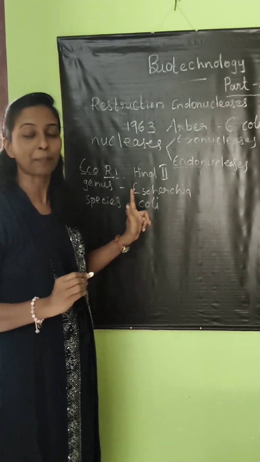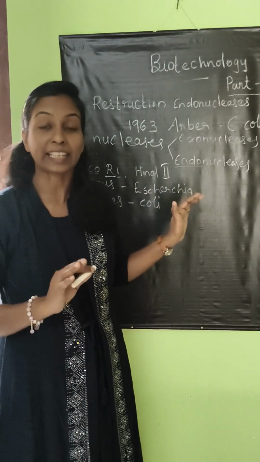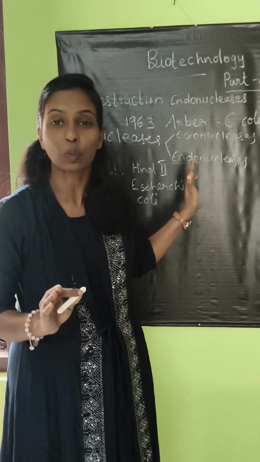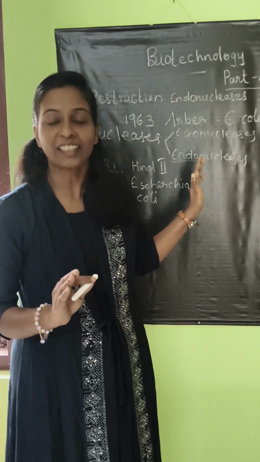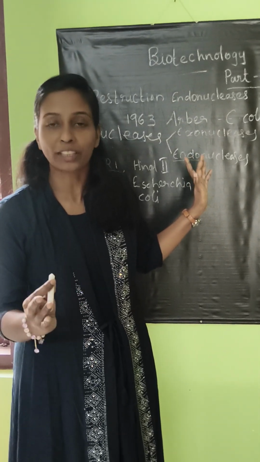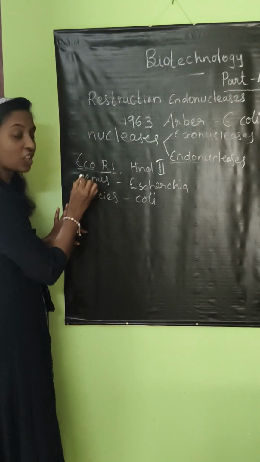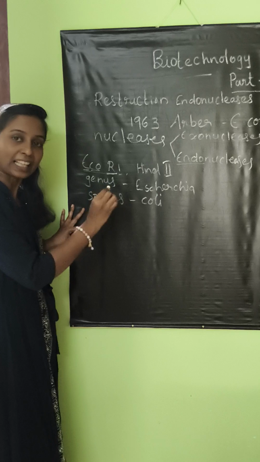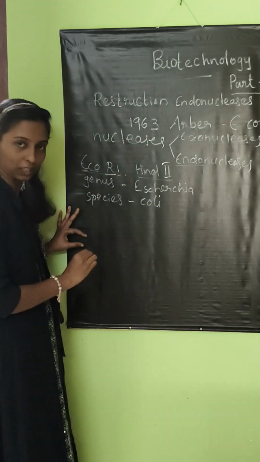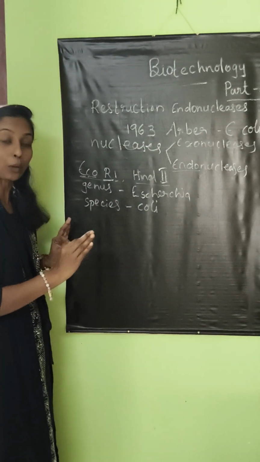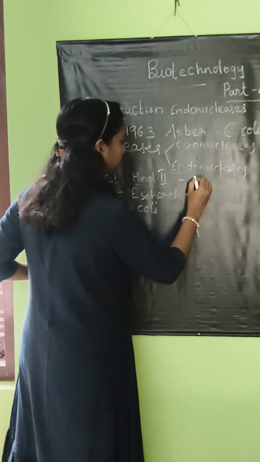Now we can understand with an example how it cuts. As we know, restriction endonuclease is the molecular scissor. It is used to cut the DNA. A particular restriction endonuclease can recognize a particular sequence only. The sequence contains 6 base pairs.